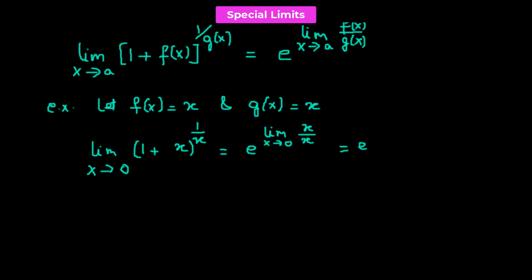So we have e raised to the power of the limit as x approaching 0 of 1, and the limit of 1 is simply 1. So we have a standard result here: the limit as x approaching 0 of 1 plus x whole raised to the power 1 over x is equal to e.